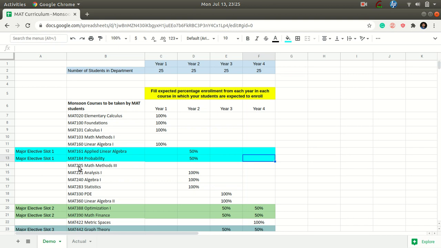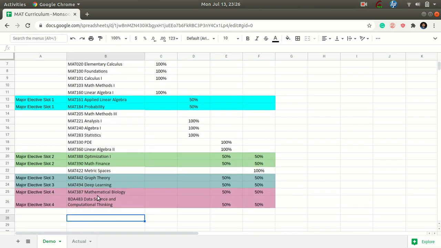Then similarly in MAT 205, no maths major students are supposed to enroll. Again here, I'm telling the system that 100% of second year students are expected to enroll in MAT 221, MAT 240, MAT 283. In MAT 330, MAT 360, 100% of third year students are supposed to enroll. Then I have another example of major electives.